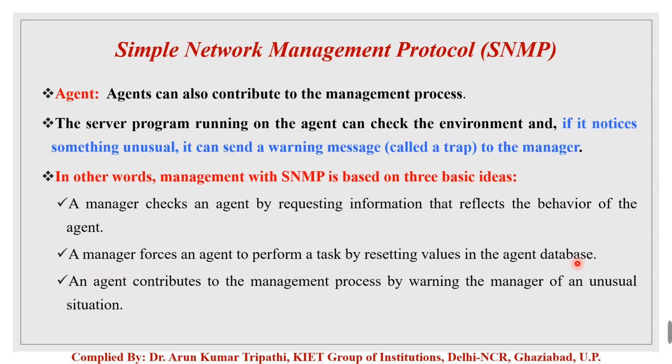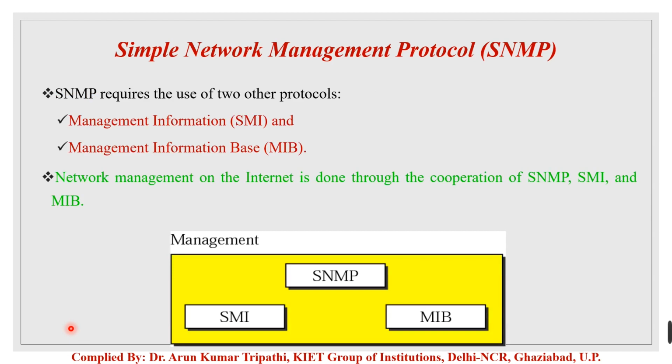If there is some deviation, the SNMP agent will inform the manager that there are some problems, so the manager will take care of it. An agent contributes to the management process by warning the manager of an unusual situation. Agent can also send a signal, as I have discussed.